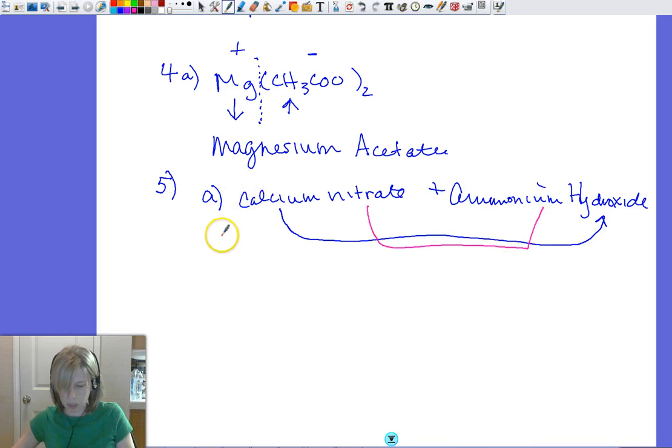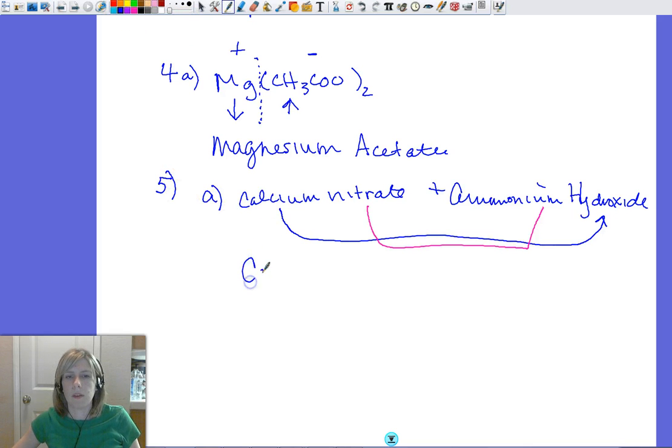And if you look at your solubility chart, it tells us that when those combine, calcium and hydroxide would form, and that would give us a precipitate.